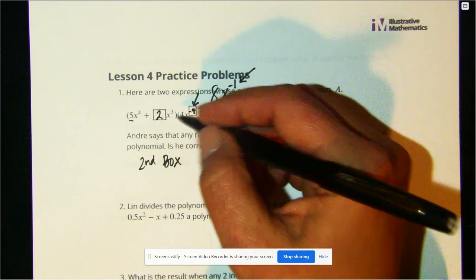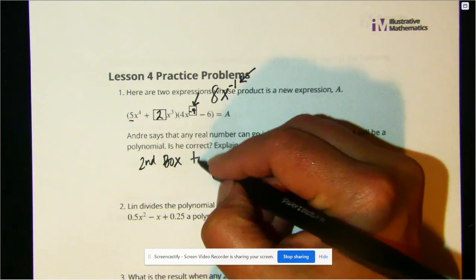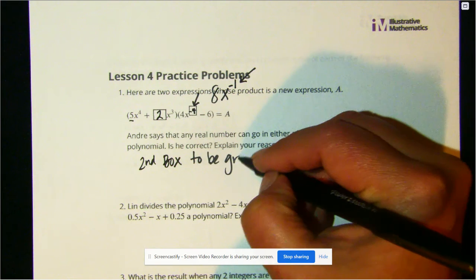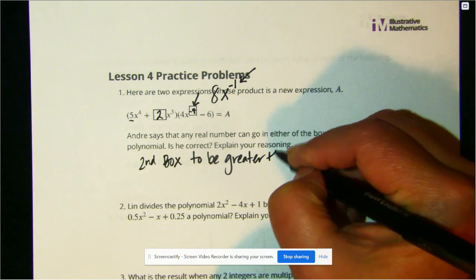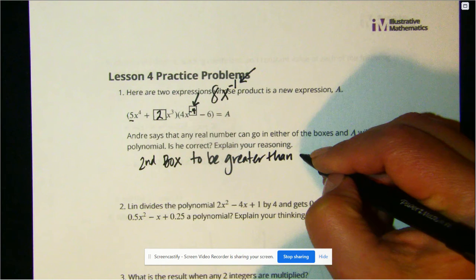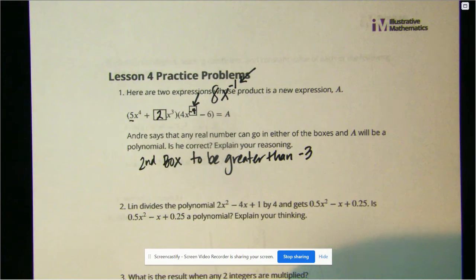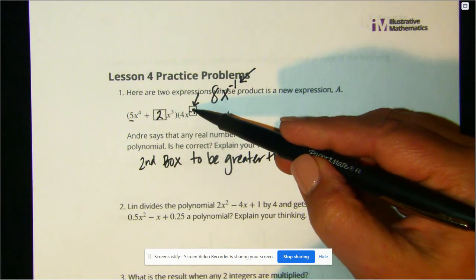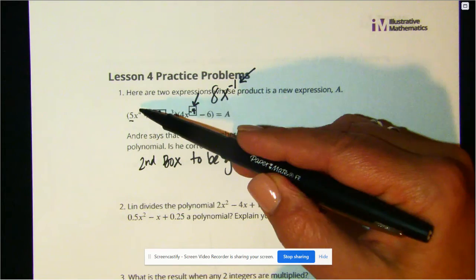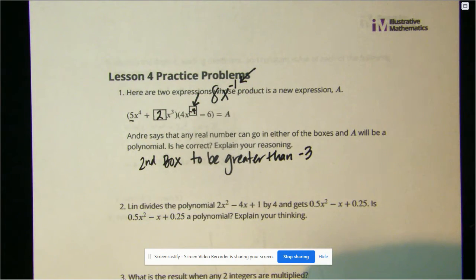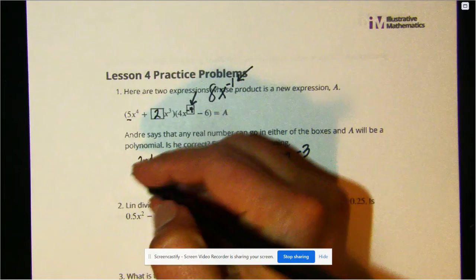So I need the second box to be greater than -3. -3 would be okay because that would turn that into 0, and x to the 0 is just 1. So the second box has to be -3 or greater.